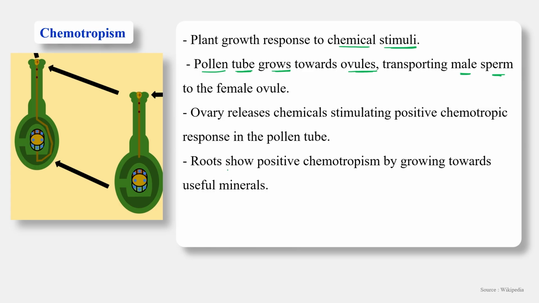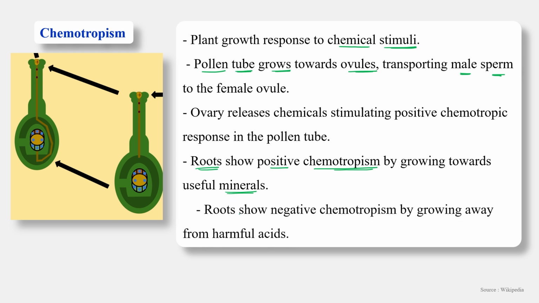Okay, roots show positive chemotropism also by growing towards useful minerals. So sometimes gravitropism, and also some roots show positive chemotropism for growing and utilizing the minerals which are present in nearby soil. Sometimes roots also show negative chemotropism by growing away from harmful acid.